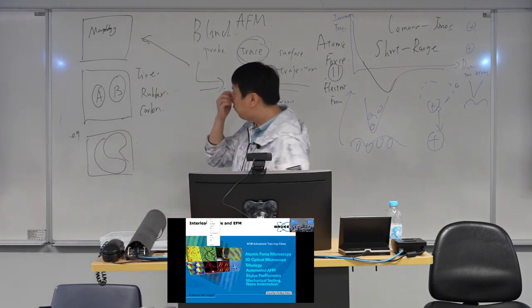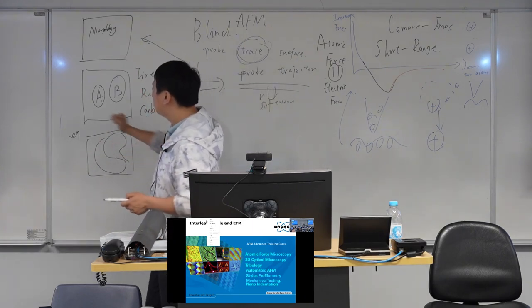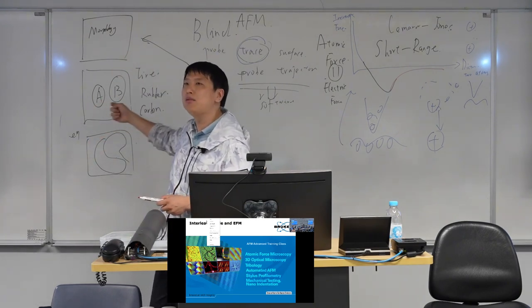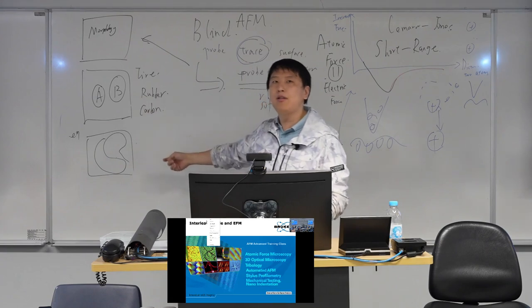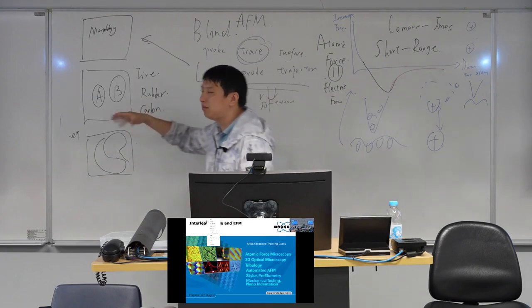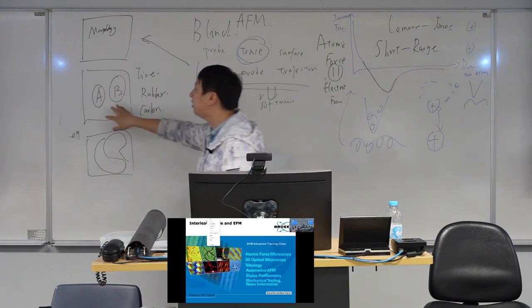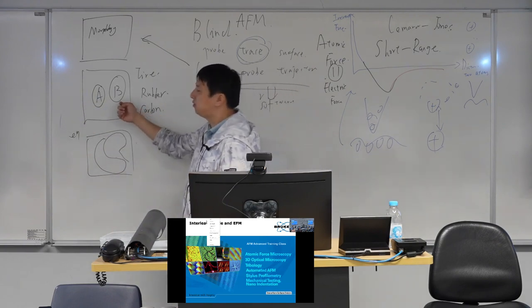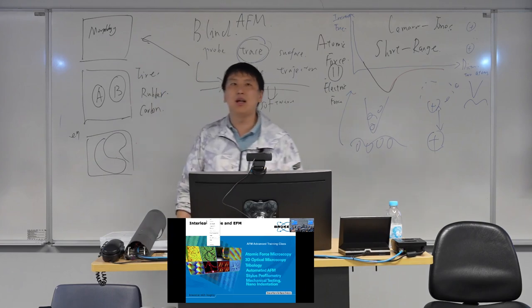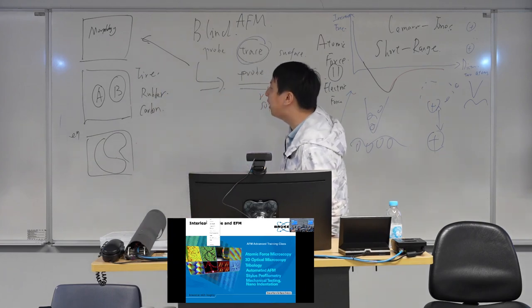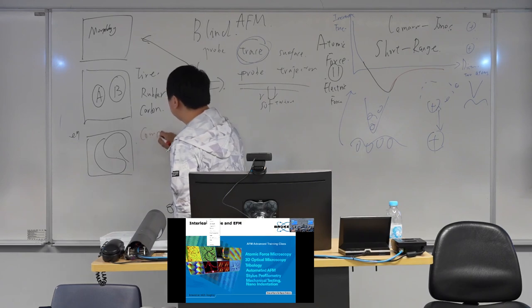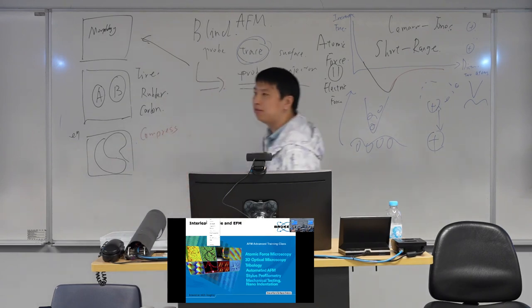So if I use the tip to compress on the surface, and the surface is soft, then I know that part is the rubber. If that surface is hard, then I know it's carbon, right? So I can use the probe to compress on the surface.